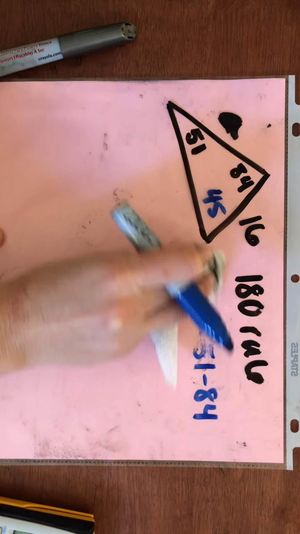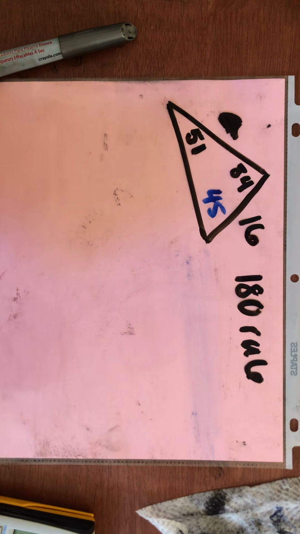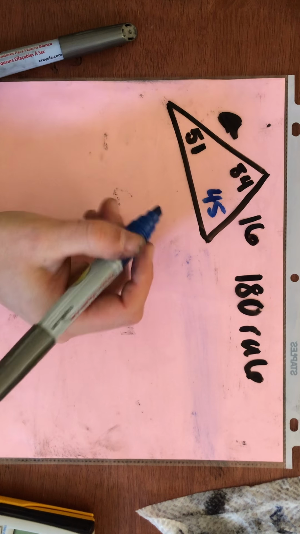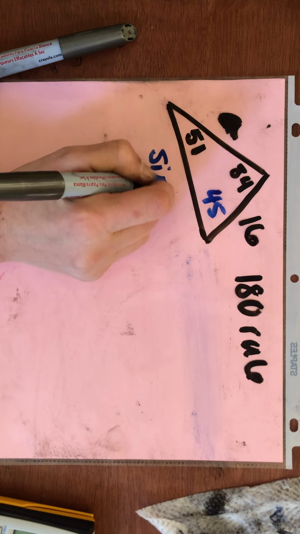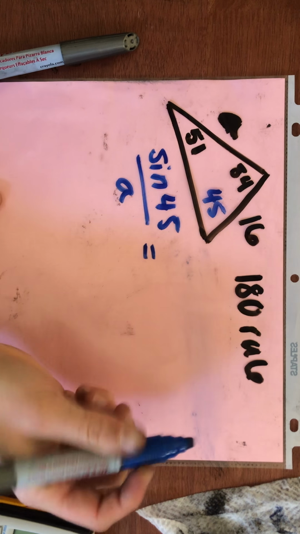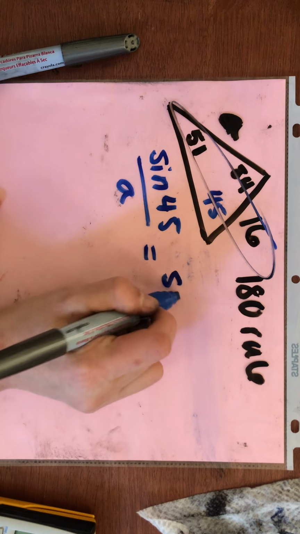Now I can find the measure of side A. This would be law of sines because I have a pair. So I would do sine of 45 over A, and the other pair is sine of 51 over 16.